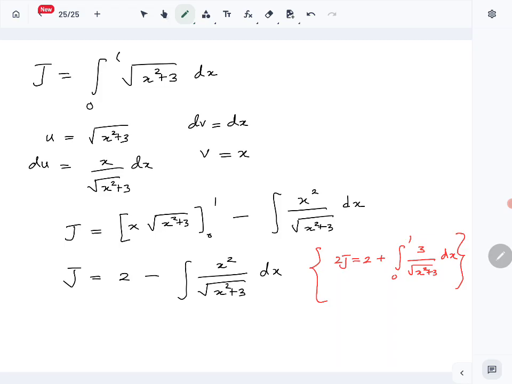So let's see, we already have the 2 here, so that is done. We need another j term and this integral.